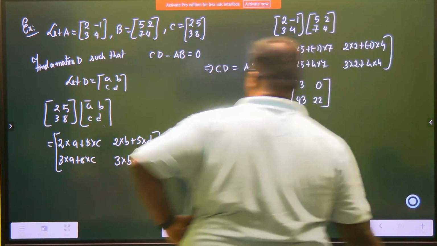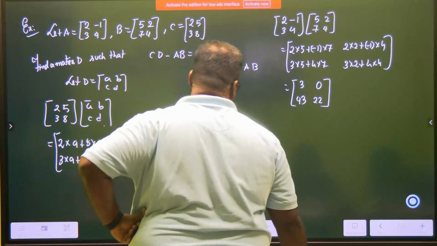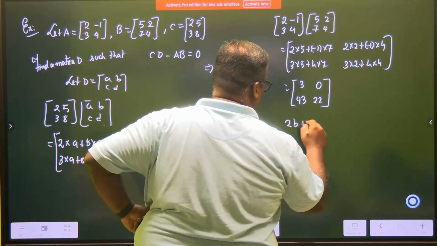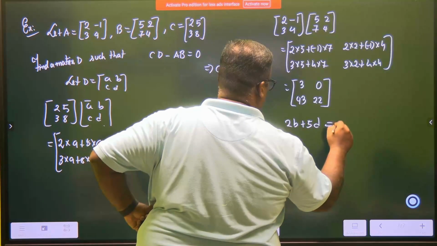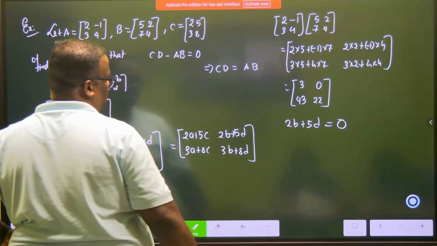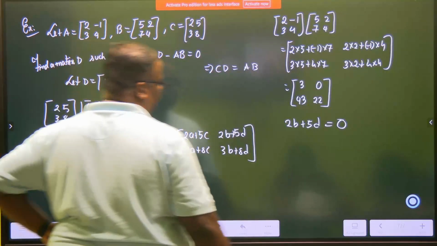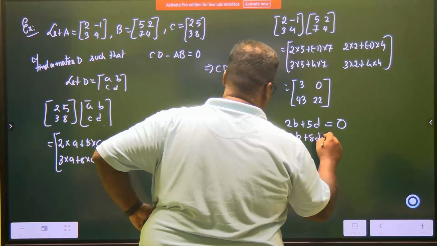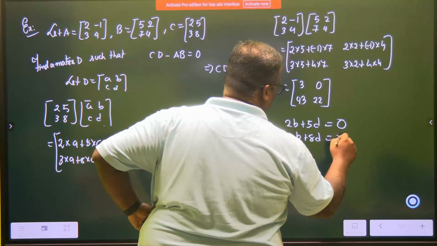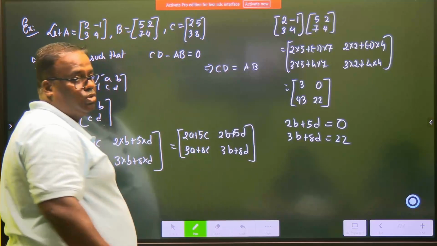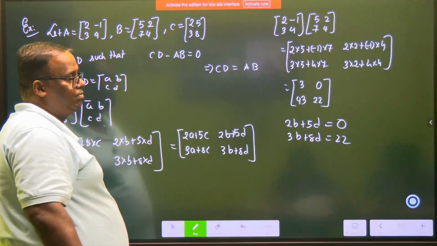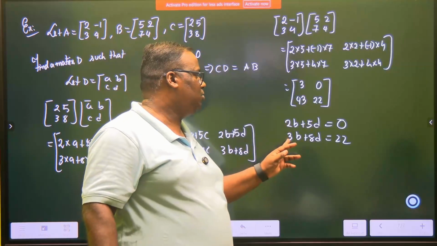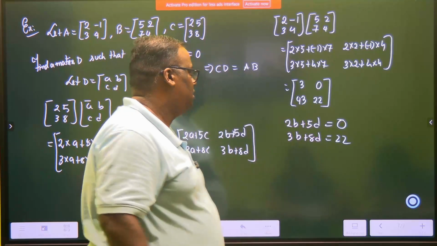Fine. So 2b plus 5d is equal to 0. And 3b plus 8d is equal to 22. Crisscross multiplication. And how to solve this? Multiply both sides.